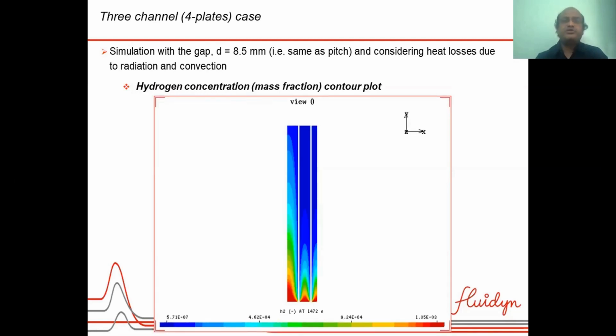Similarly, see the hydrogen concentration. This picture shows the hydrogen concentration. The hydrogen-air mixture at ambient concentration comes in at the bottom, and the hydrogen gets reacted at the surface.